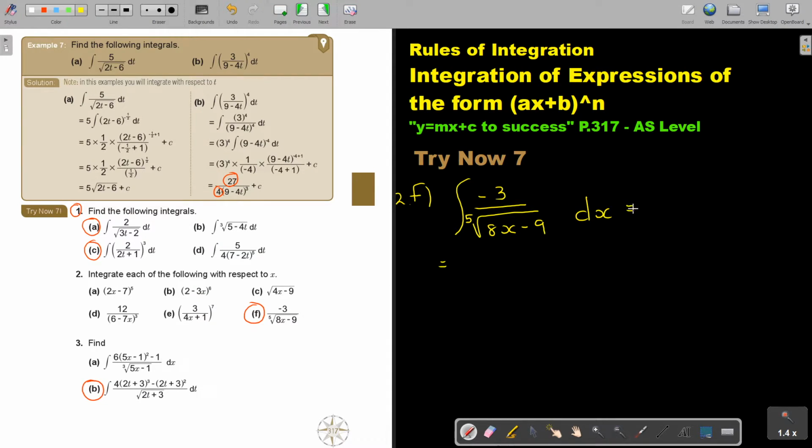Okay, first get it ready. It's actually good that I can put the -3 there. And now, don't forget, put a bracket, then it's 1 over 5, and if I bring it up, it's going to be 8x minus 9 to the power of 1 over 5, and it's 2 dx.